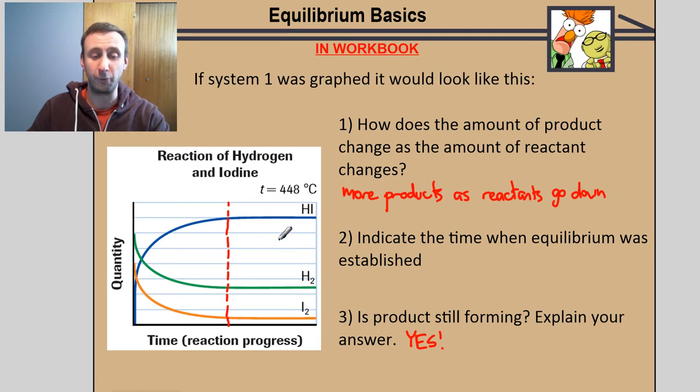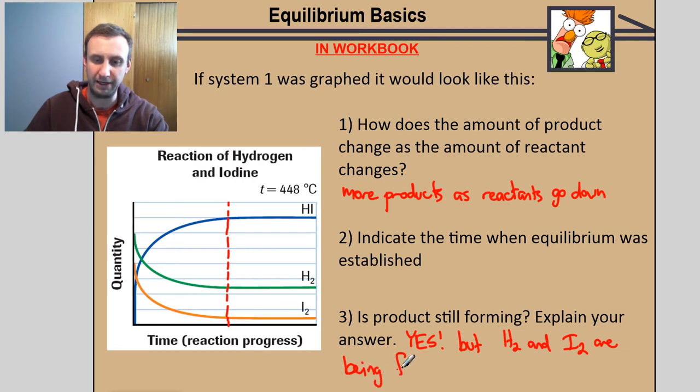So again, the forward reaction and the reverse reaction are happening at equal rates so that the concentration is staying the same. So explain, yes, but H2 and I2 are being formed at an equal rate, would be the answer for that one.